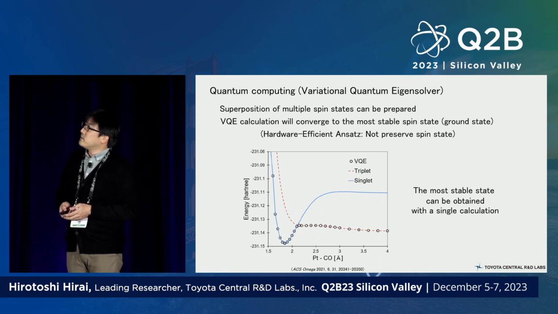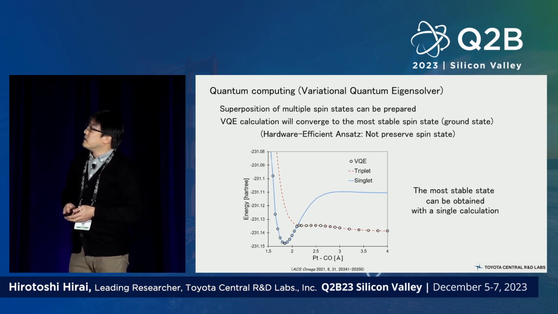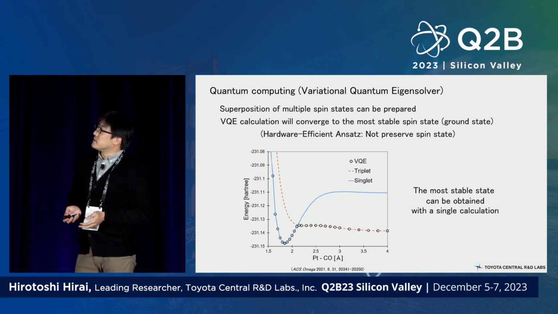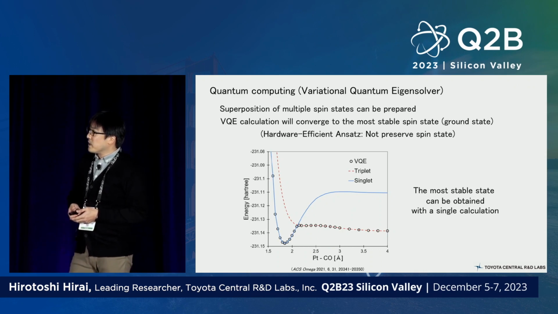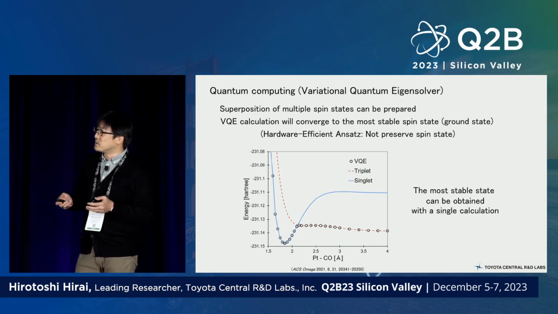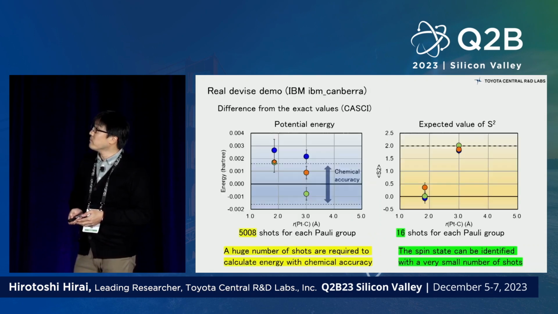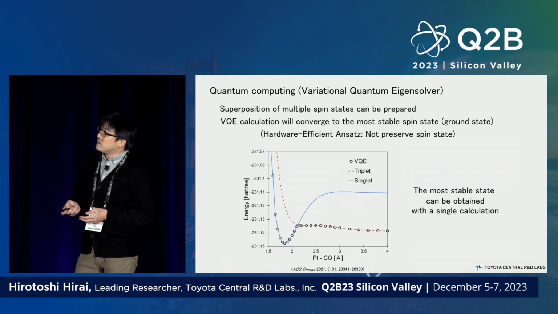On the other hand, with VQE computation, the most stable spin state can be obtained with a single calculation. Every time VQE converges to the most stable state, so we can find the most stable spin state with a single calculation. This result was obtained with a quantum circuit simulator.